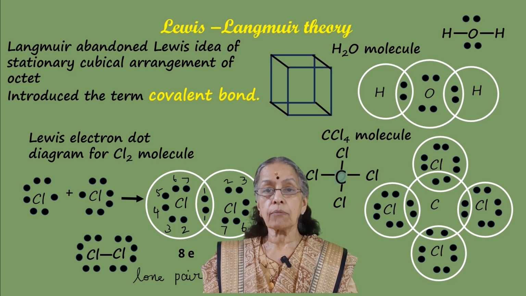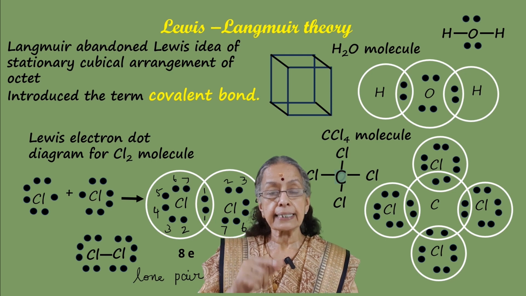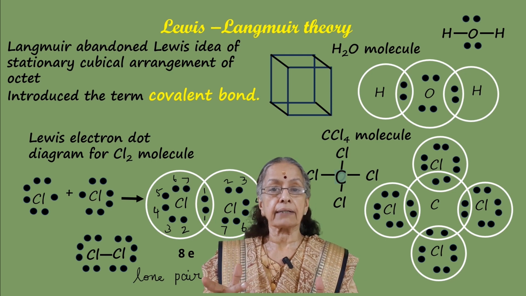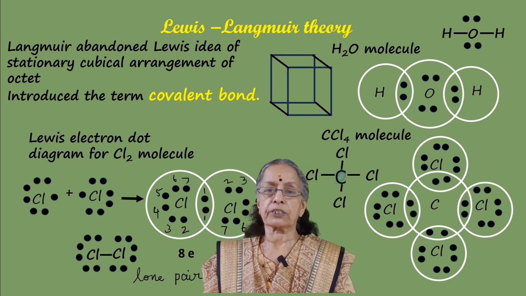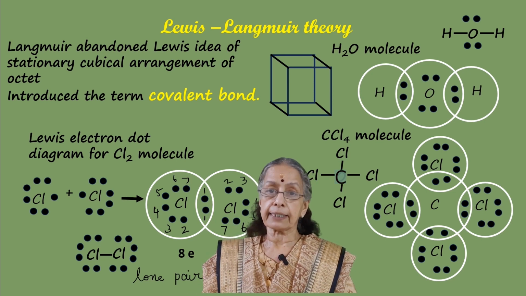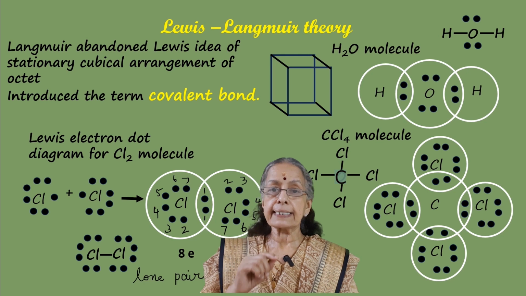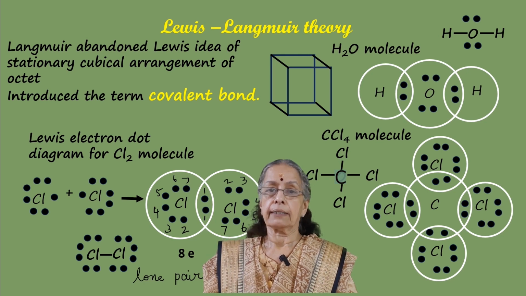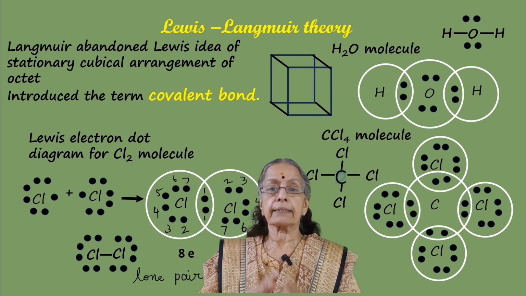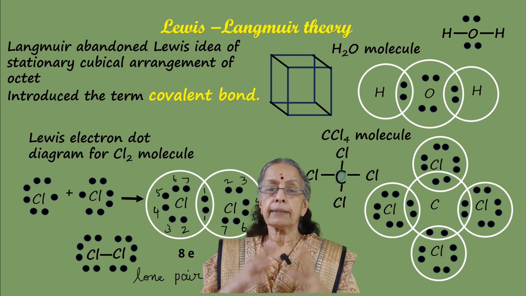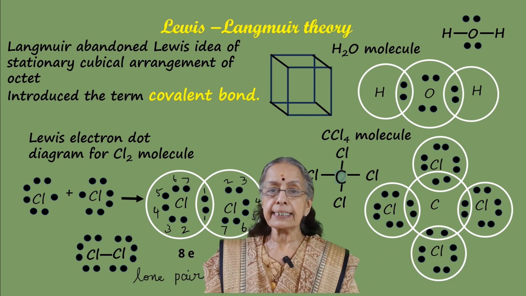In the case of water molecule, oxygen has least electronegativity when compared with hydrogen. So, oxygen occupies the central position. When we come to carbon tetrachloride, carbon is less electronegative than chlorine. So, carbon occupies the central position and chlorine atoms occupy the outer position. That is how it is decided.